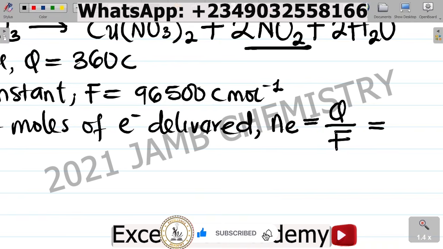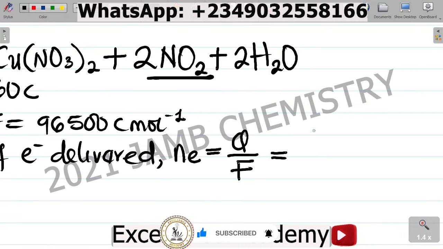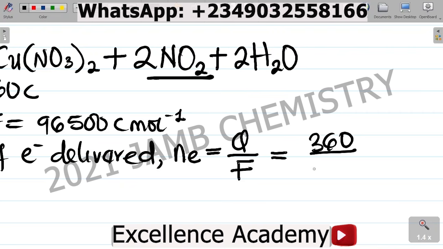The total charge in this question is 360, so it becomes 360 over Faraday's constant, 96,500.